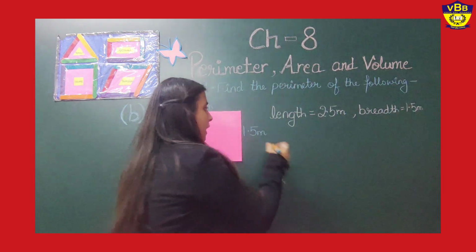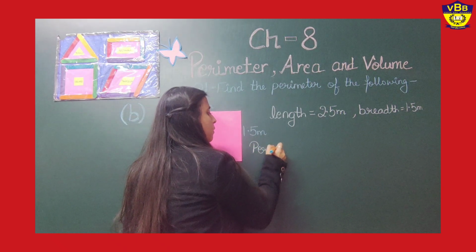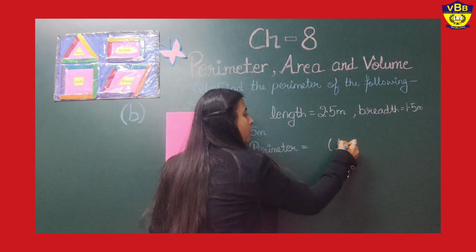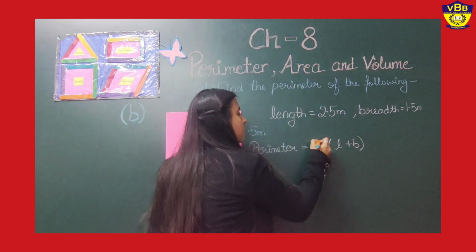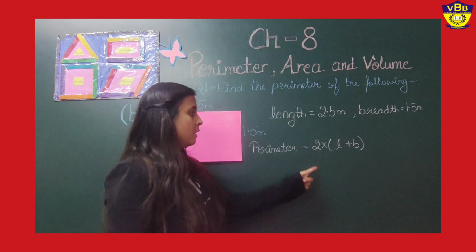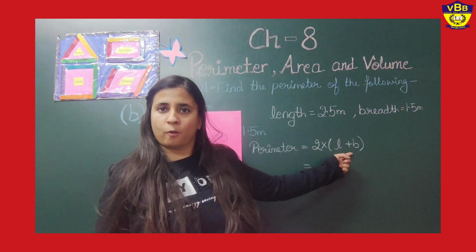And we know that perimeter is equal to the sum of length and breadth multiplied by 2.